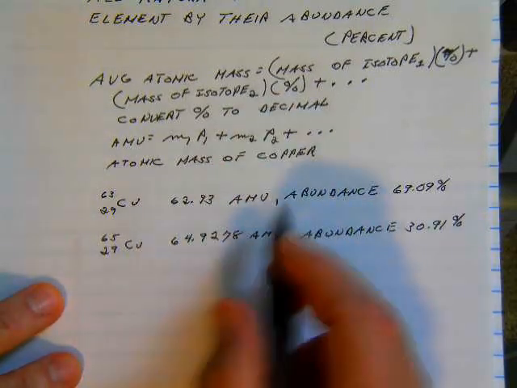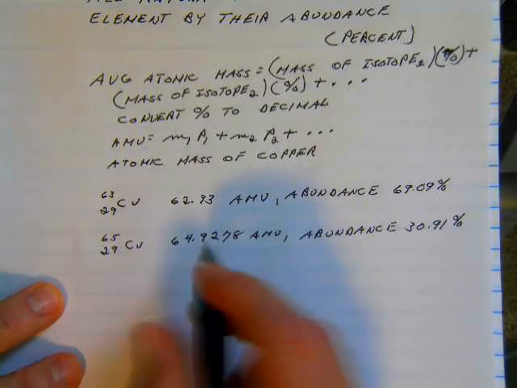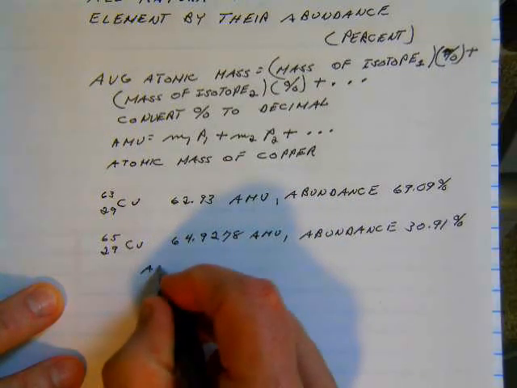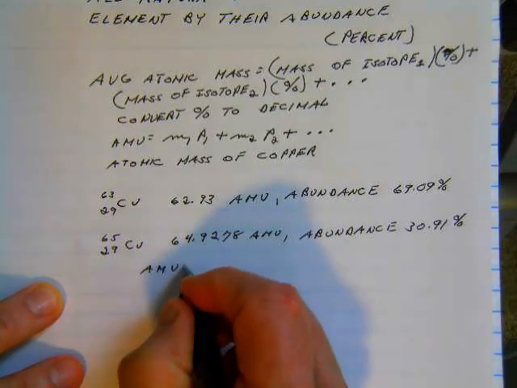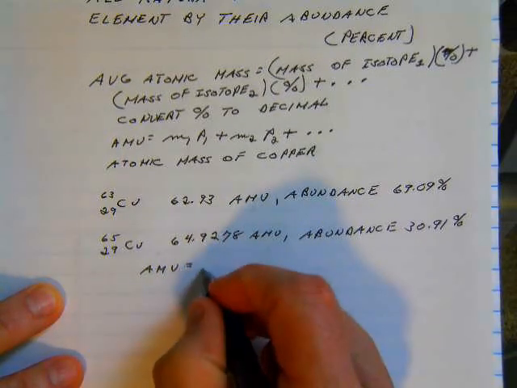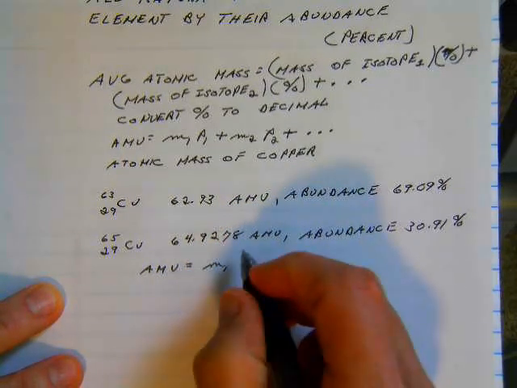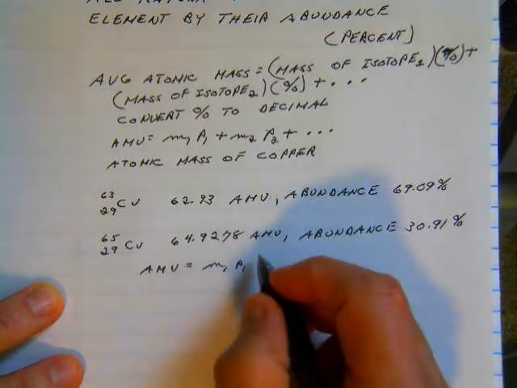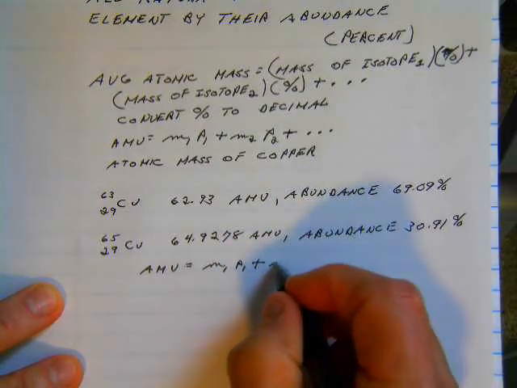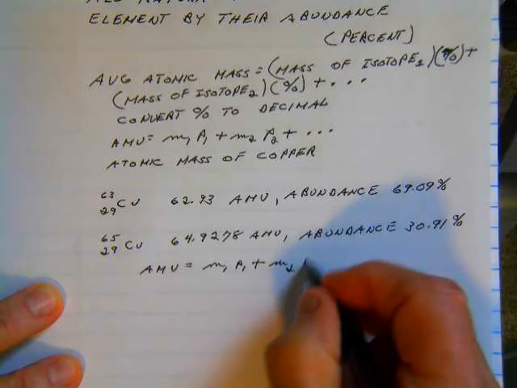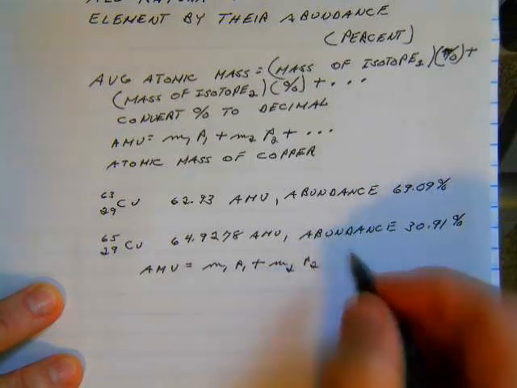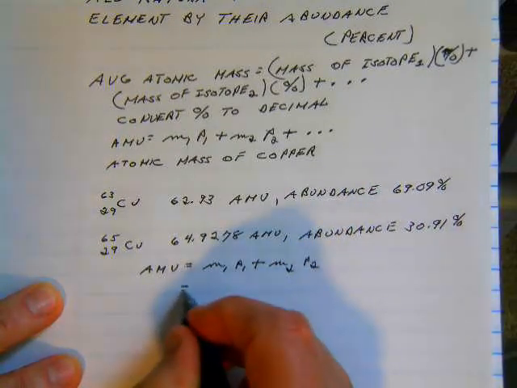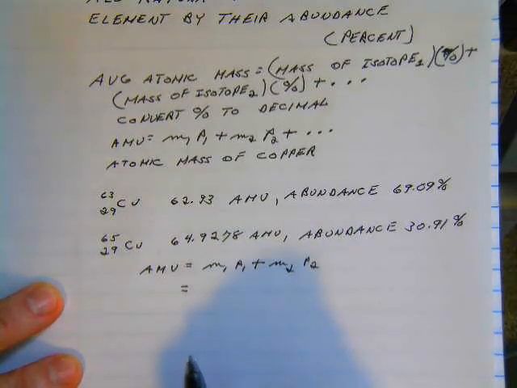Again, we can use our formula. The average atomic mass in AMUs would be the mass of the first isotope times the percentage of the first one, plus the mass of the second times the percentage of the second. Let's plug in the numbers.